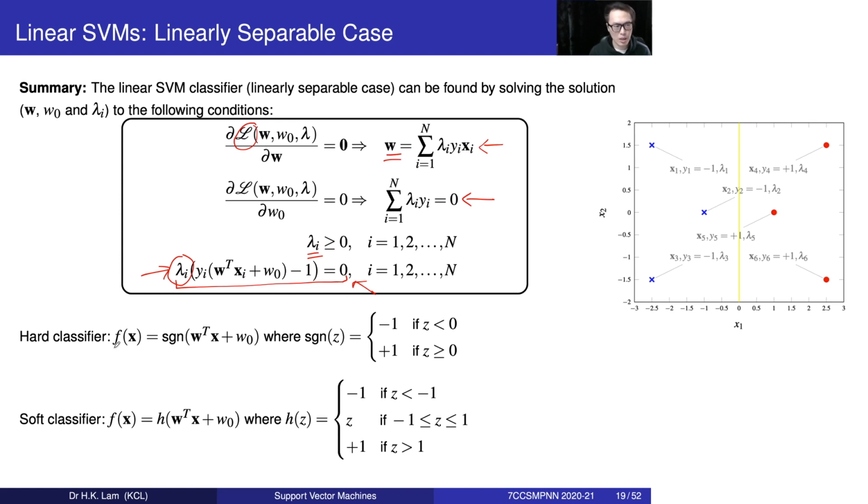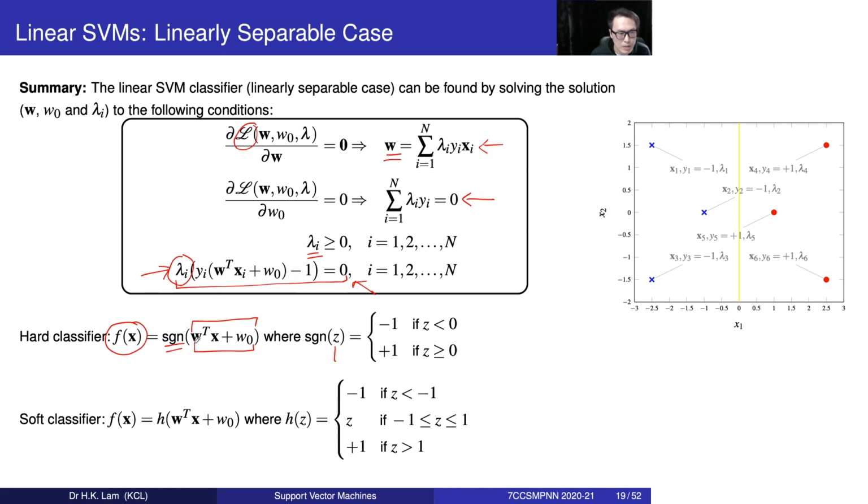Now I'm going to talk a little bit more about what happens once we have fx, that is, once we have W transpose x plus W0. We have two versions. The first one is the hard classifier. The hard classifier means we apply the psi function to this hyperplane so that it gives us this result.